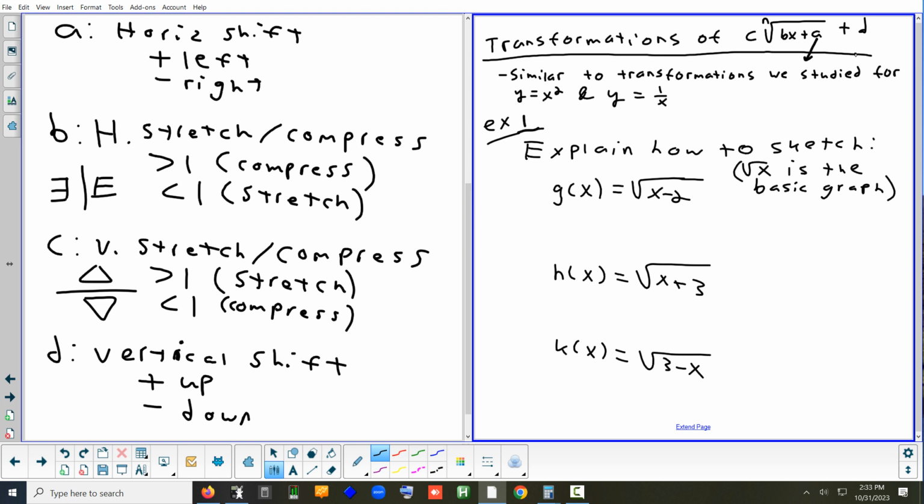It's a negative. So what's that -2 going to do to the graph? It's gonna make it go how many units? 2. Yep. So shift right 2. That's that one. How about h of x? Shift left 3. That's a shift left 3.